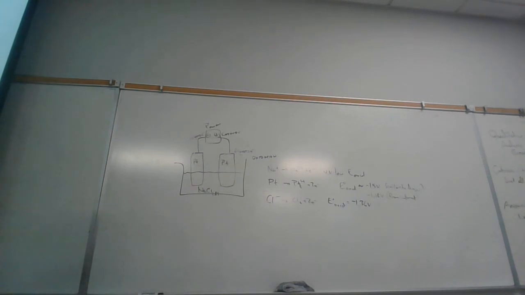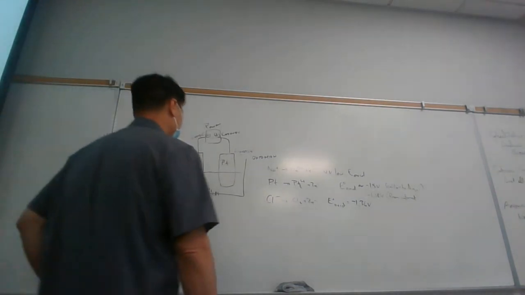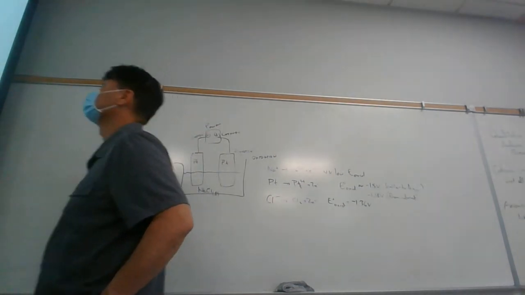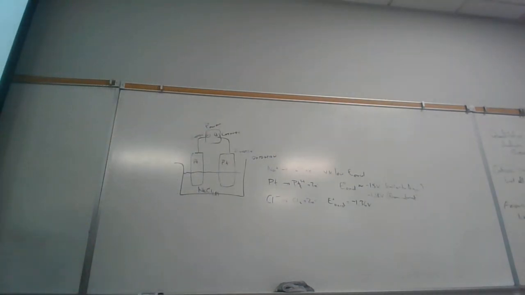Chlorine could potentially, well, we're looking at the reduction potential. So it's 1.36. It's still unfavorable, but a little bit of reaction can occur, even if it's unfavorable.